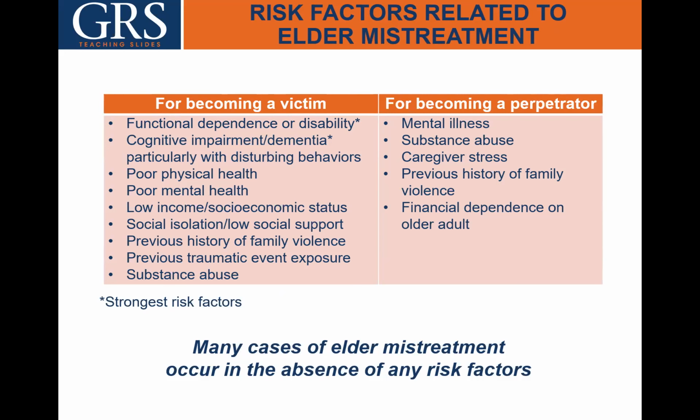The risk factors related to the perpetrator include mental illness, substance abuse, caregiver stress, previous history of family violence, and financial dependence on the older adult. So we can see that both sets of risk factors are highly related to elder mistreatment. However, many cases of elder mistreatment can also occur in the absence of any risk factors. So just keep it in mind.